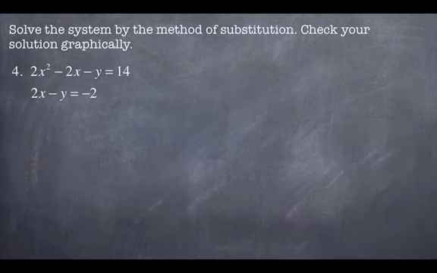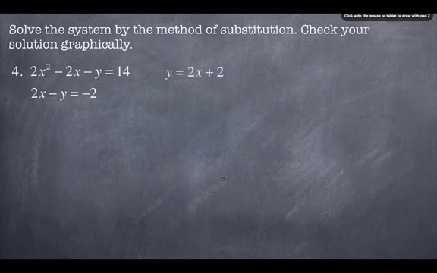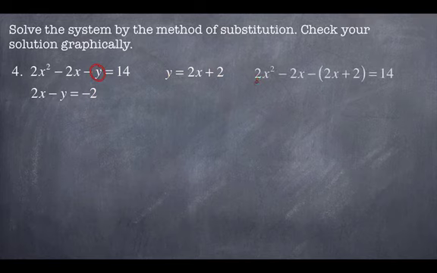So directions, we're going to substitute. Solve this for y, you get the following, and then you're going to substitute this y in here. So you get the following equation. Move everything to one side, simplify, you get the following trinomial.